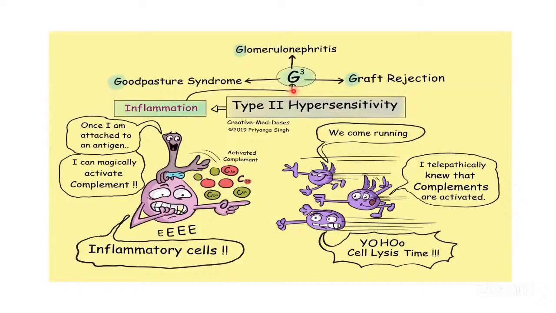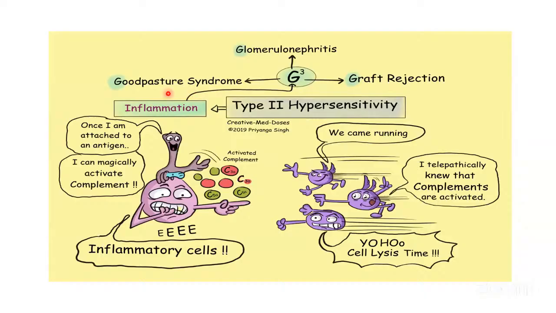And type 2 hypersensitivity is usually mostly affecting the kidneys. We have glomerulonephritis and graft rejection. If you have had your kidney transplant and you have type 2 hypersensitivity against this particular graft, you'll have graft rejection here.